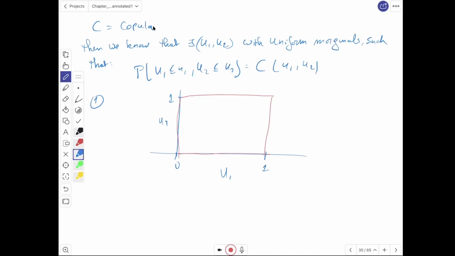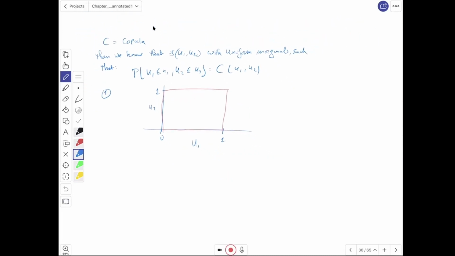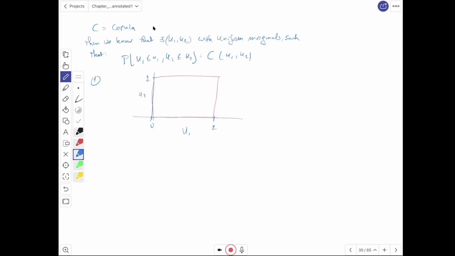So it means, for example, that if I look at the limit of C(u1, u2) and say u1 goes to 0, you are looking at a probability to end up here, right?